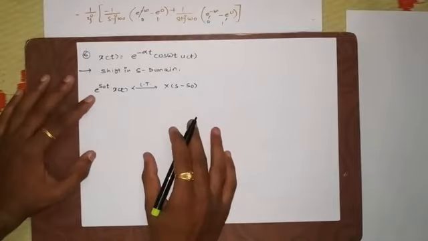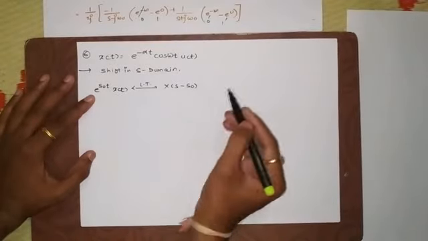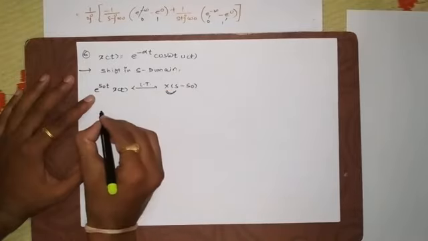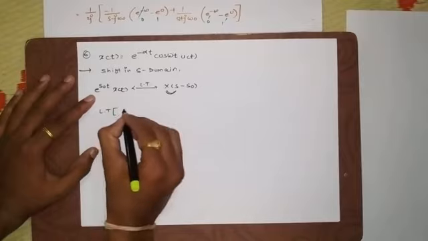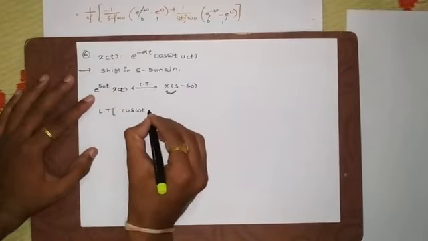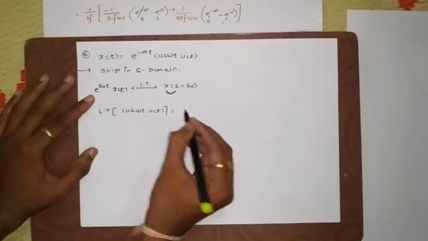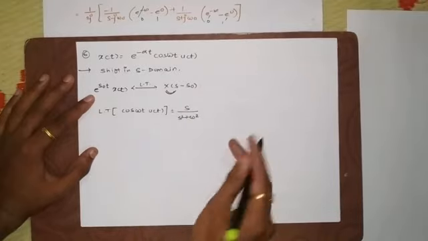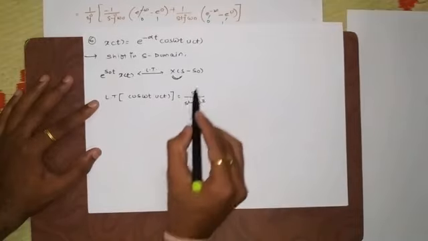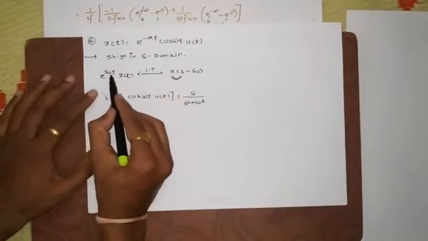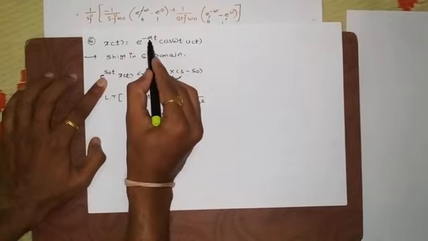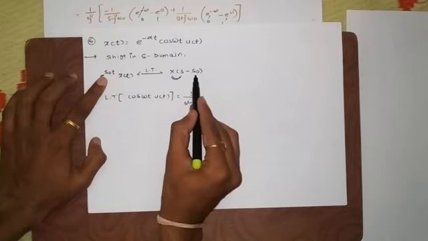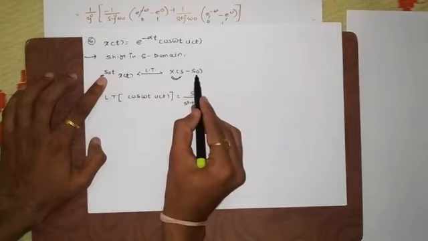Now in that case, first we'll try to determine Laplace of cos omega t into u of t. We know that Laplace transform of cos omega t into u of t is nothing but s divided by s square plus omega square. Now the change is what? This input signal is multiplied with e raised to minus alpha t. If s naught is positive, this is minus, and if s naught is negative, it definitely will be plus.